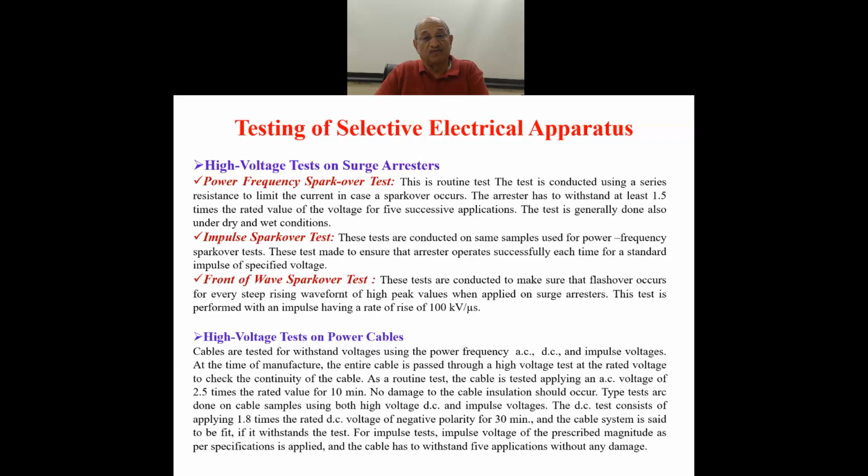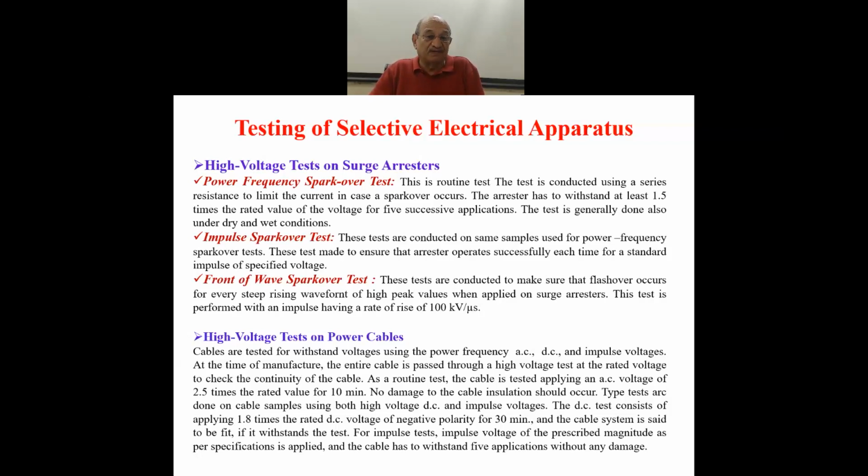this test is also performed. And for that, what will you have to do? If it doesn't make a flashover at the specified voltage, you may have to increase the specified voltage, which then is not meeting the requirement.